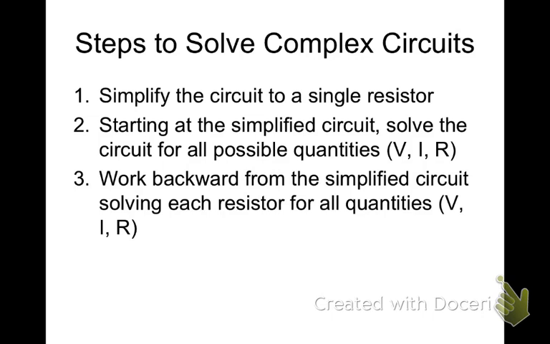One, you simplify the thing to a single resistor. And may I suggest that, like I did, you redraw each simplification step. I really recommend that. You start with the original circuit. You have step A, which is the first simplification, step B, which is the second, step C, which is the third, and keep going until you have exactly one resistor, and you got its equivalent resistance.